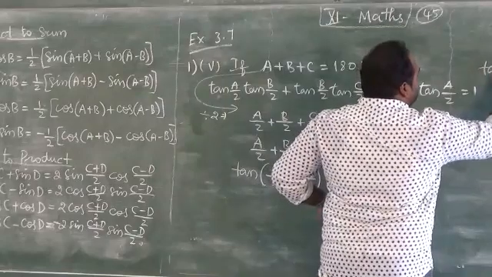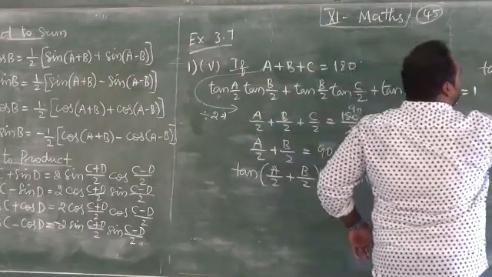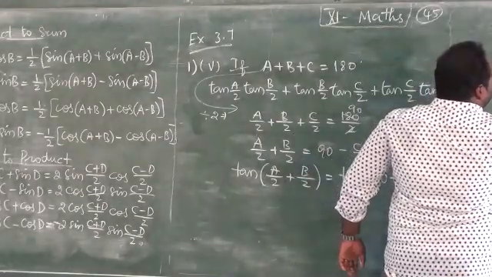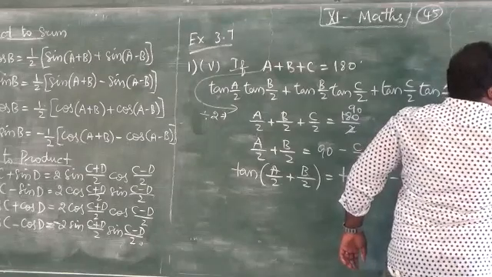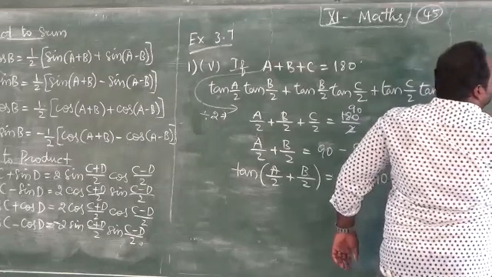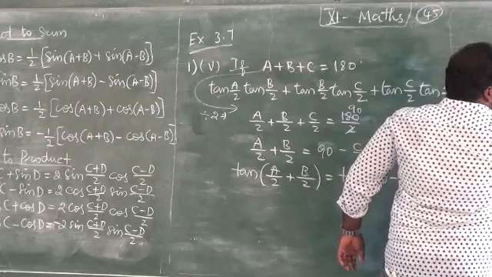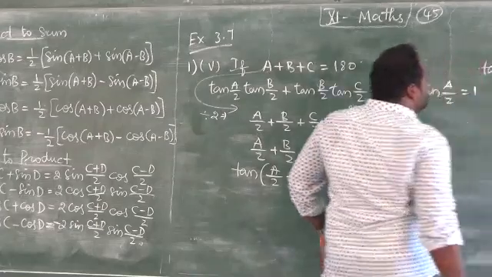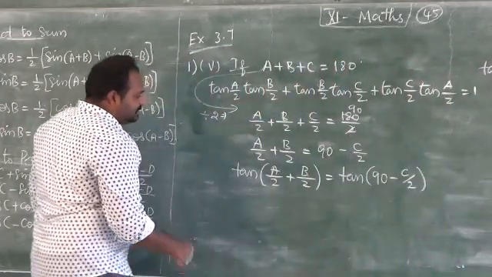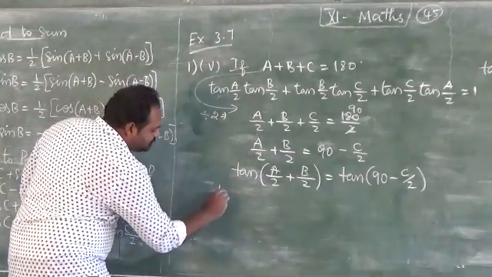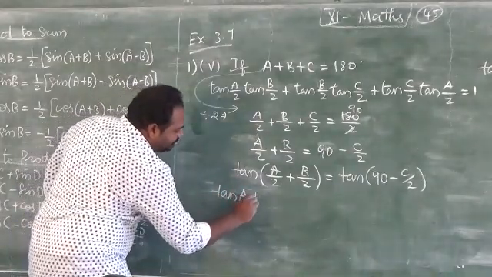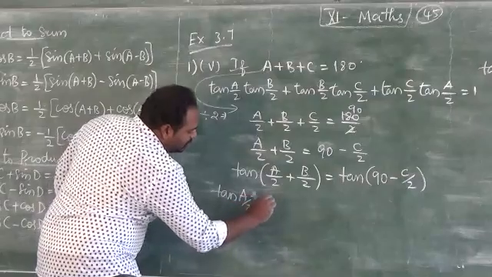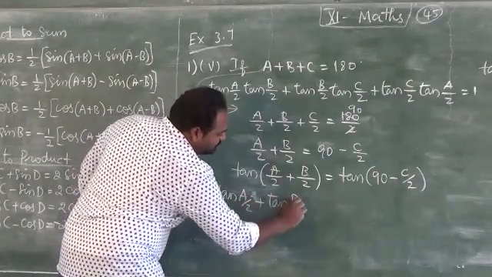Once again recall the formula: tan A plus tan B by 1 minus tan A tan B. So this will become tan A by 2 plus tan B by 2.